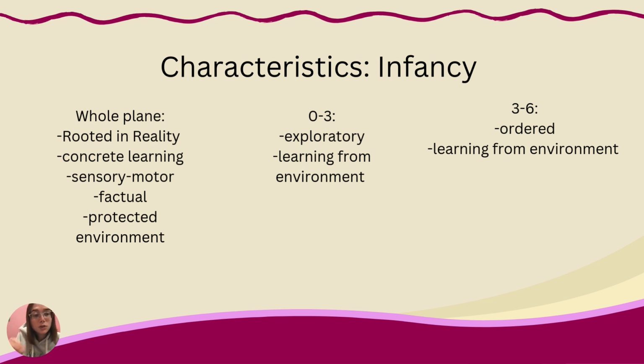And again, how you present things is exactly how they're going to do it. The 0 to 3 is exploratory, and also the 3 to 6, but they're exploring what's around them, right? And they're learning from their environment. And then the 3 to 6 gets more ordered because they're ready to say, I've learned a lot of things, then that's the next order.